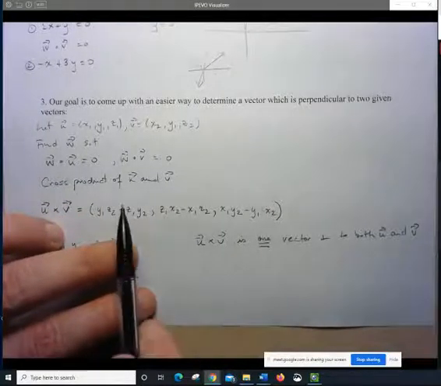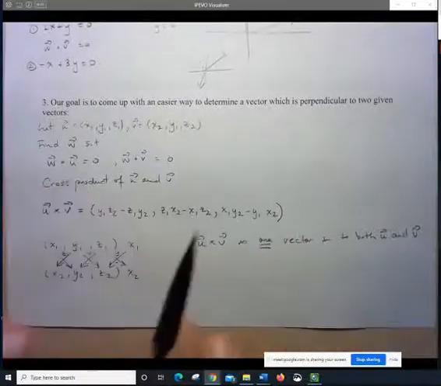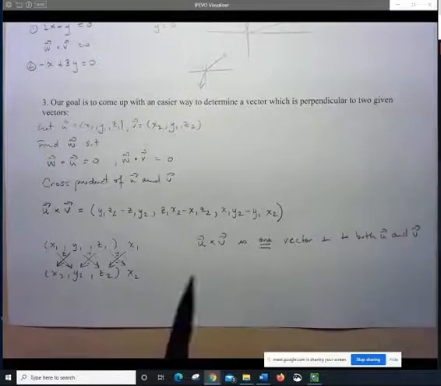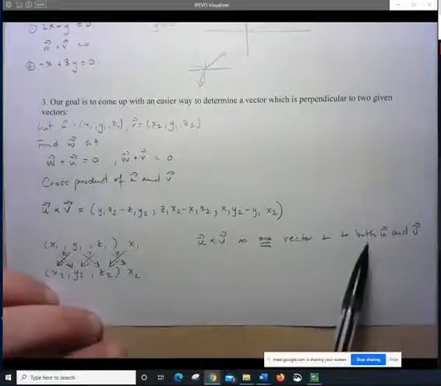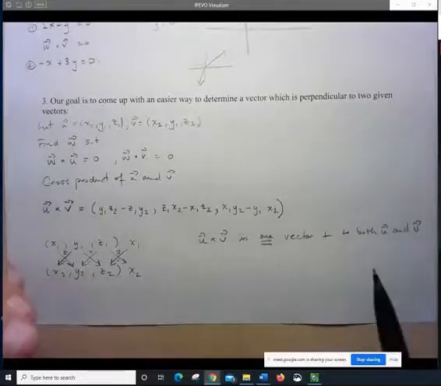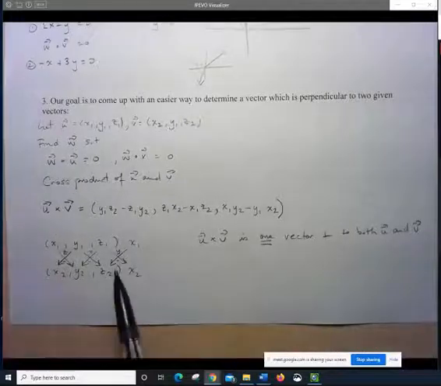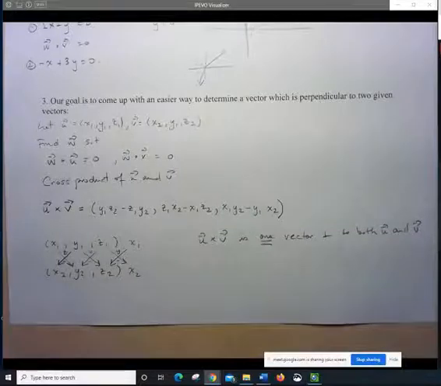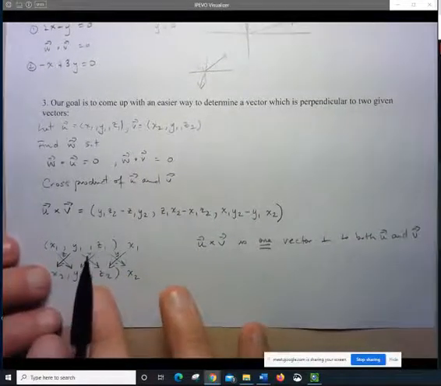This is the one that they chose as the representative perpendicular vector, but it is by no means the only vector that's perpendicular to U and V. So in the next example, they're going to ask you to find the cross product, but then use that to find other vectors that are perpendicular. All right, so are there any questions here before we move on to the example?